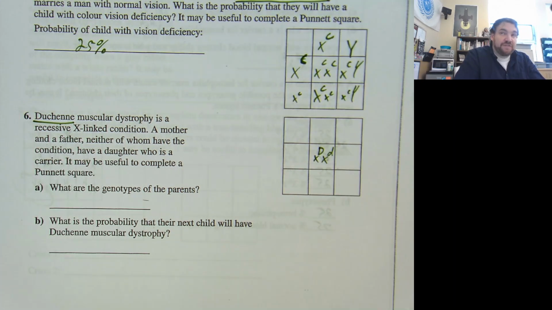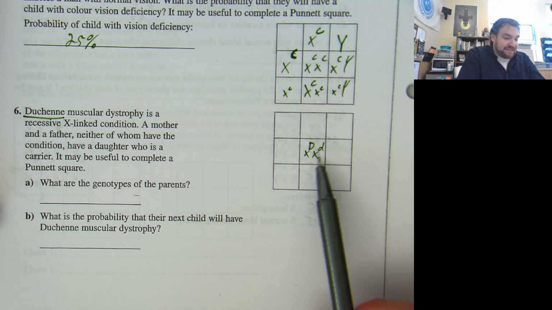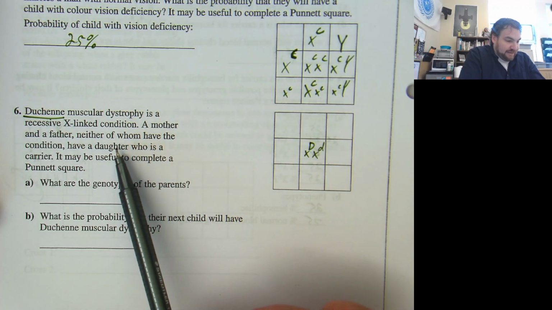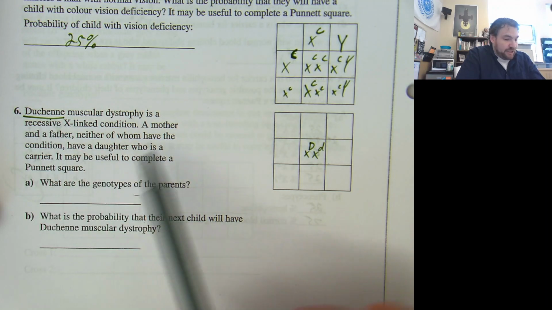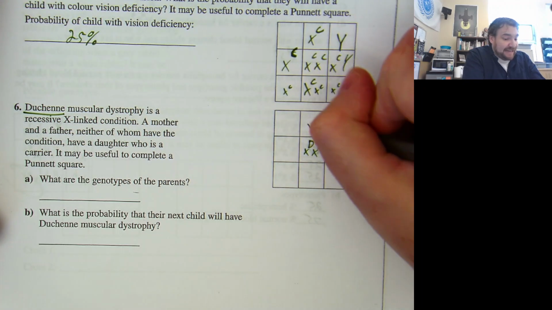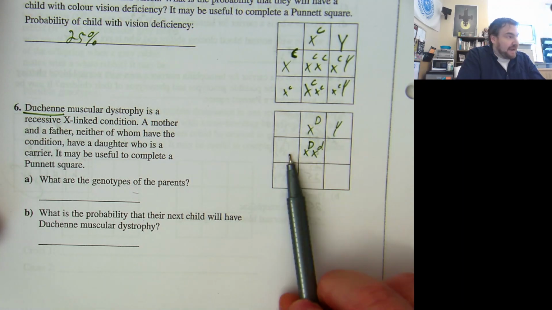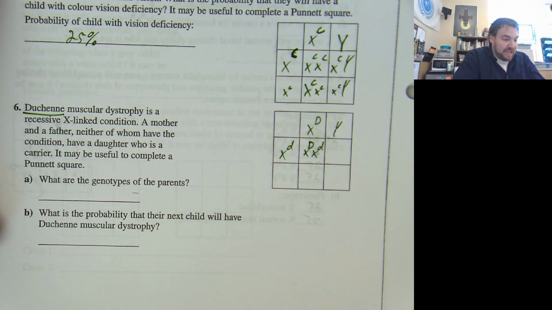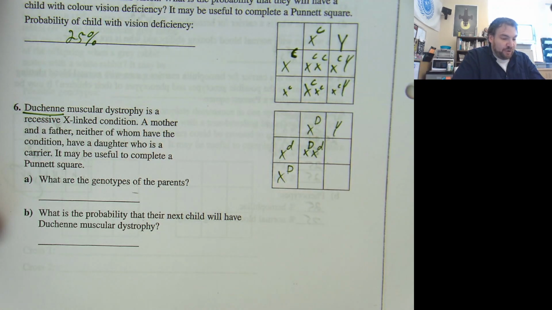Big D means she's fine. If dad doesn't have it, he has to have a normal X chromosome. Mom also has to have a perfectly normal chromosome.